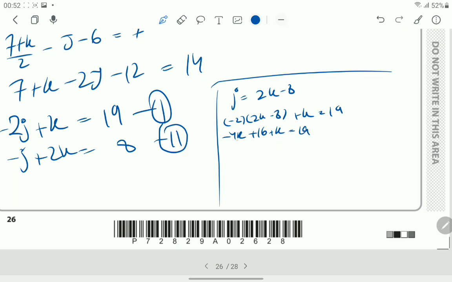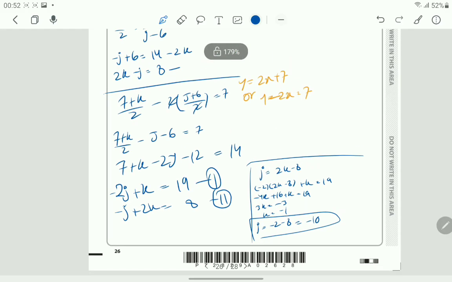We get minus 3k, so 3k equals 16 minus 19, which is minus 3, so k is minus 1. And by plugging the value of k into this equation, j is equal to 2k minus 8, which is minus 2 minus 8, so j is equal to minus 10.